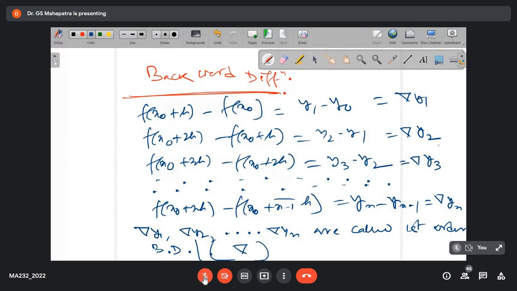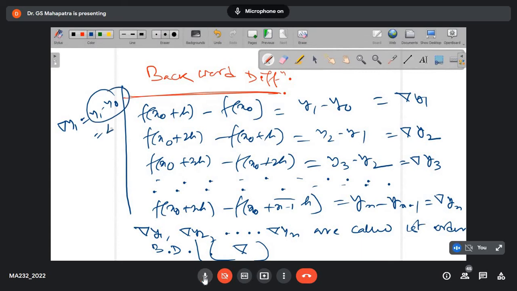So now you can check that one, as your friends already pointed out. Now y1 minus y0, what is this one you studied just a few minutes back? It is del of y0.